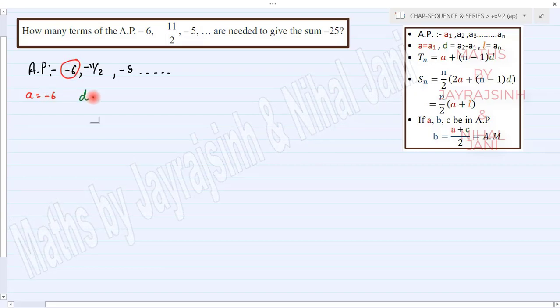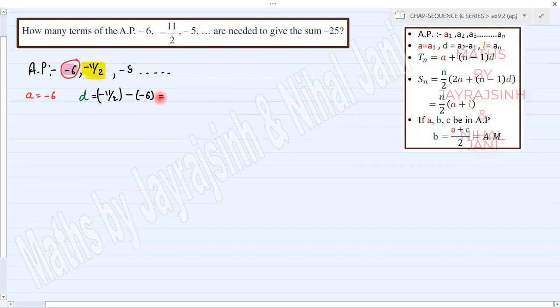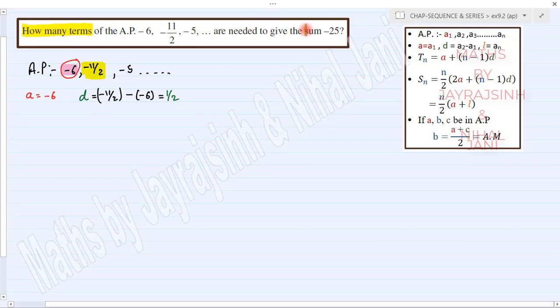Then try to find common difference between second term and first term. So it will be 1 by 2. Now, you have to find how many terms are needed to give the sum minus 25. That means you have to find number of terms for which your Sn will be minus 25.